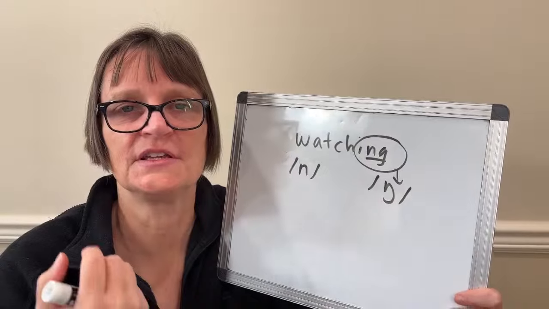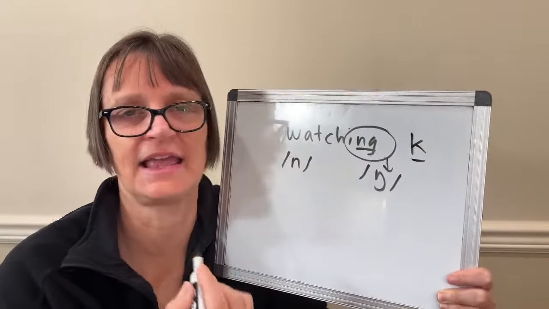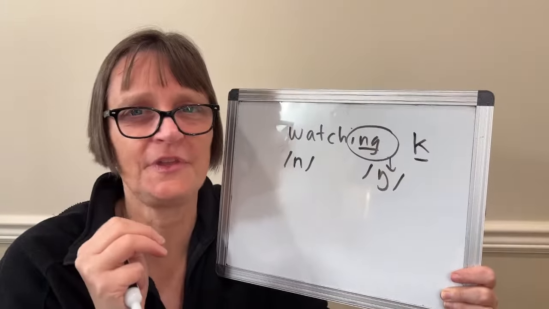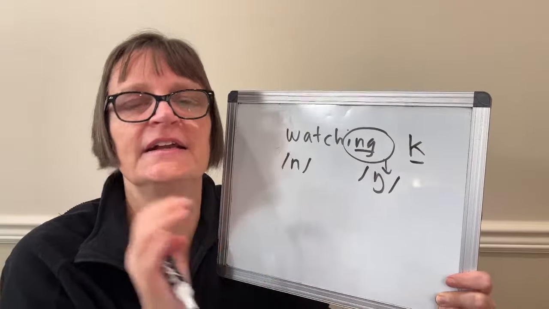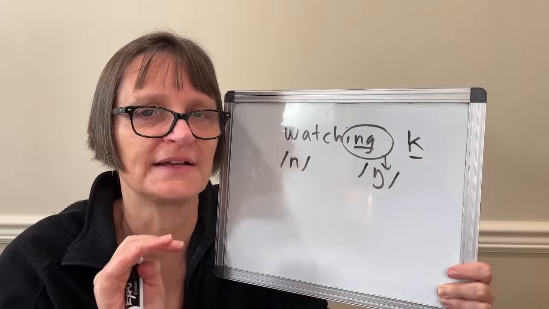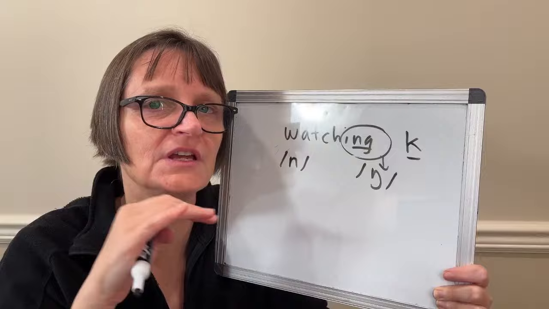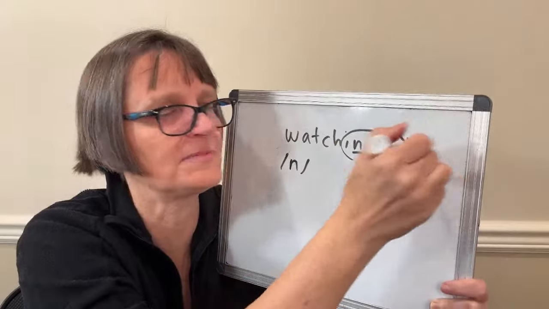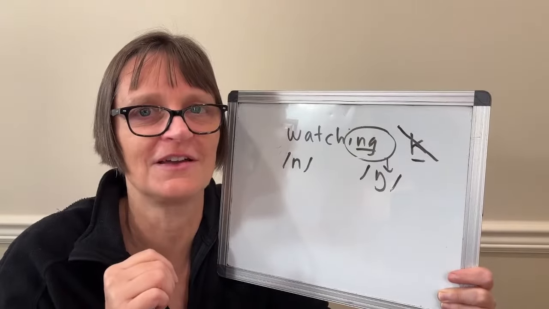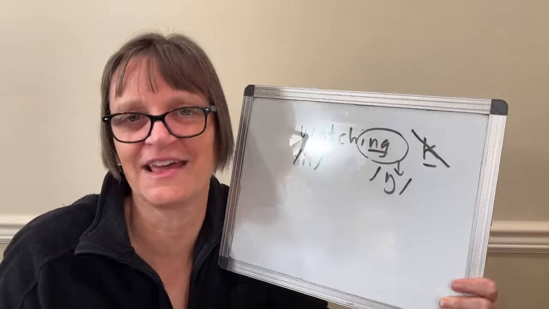What I would suggest is if you have trouble getting this sound, first, actually intentionally add a K sound, like watching, watching, because when you say that K sound, your tongue is going to be in the right place for the NG, and then you just try to, instead of dropping down and doing that strong K where your tongue drops back down, hold and extend on this, watching, and then try to fade this back away, watching. So I'm just leaving my tongue up and not letting the K tongue drop, which was what makes the K sound. That's a great strategy for correctly using that NG sound.